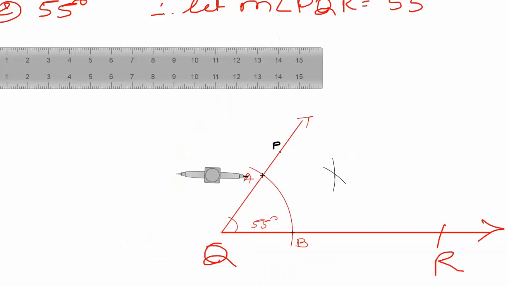Give the name of this point. We give the name K. K is the point of intersection.